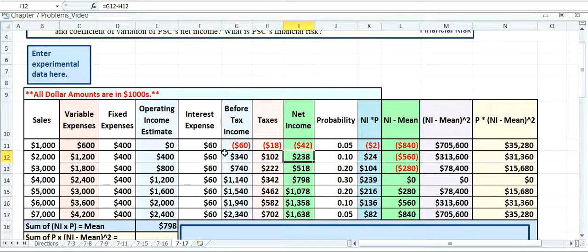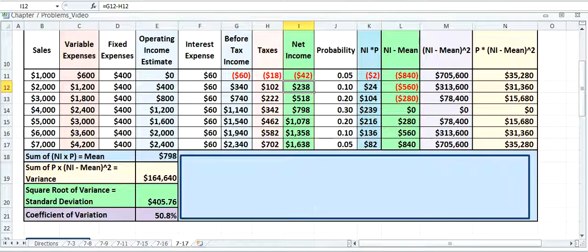A 60 is a much larger percentage of 400 than 60 is of 2,400. So that's why, as a result of this fixed interest expense, your net income becomes a bit more volatile, which is going to add to your financial risk.